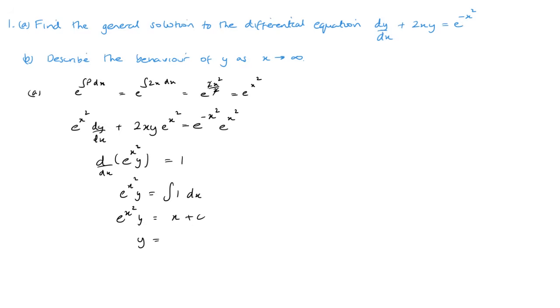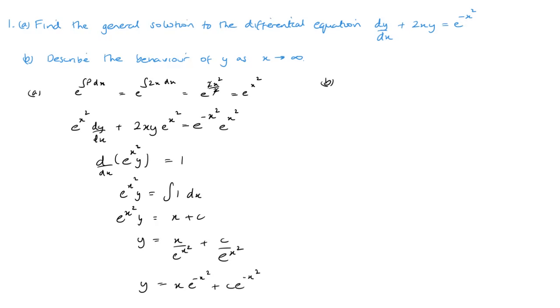So y equals x over e to the x squared plus c over e to the x squared. Or I could write that as x e to the minus x squared plus c e to the minus x squared. So there's my solution to the differential equation. Now for part B, describe the behavior of y as x tends to infinity.